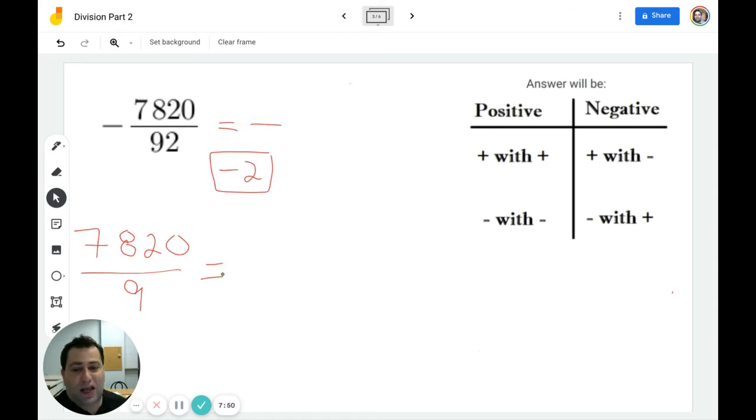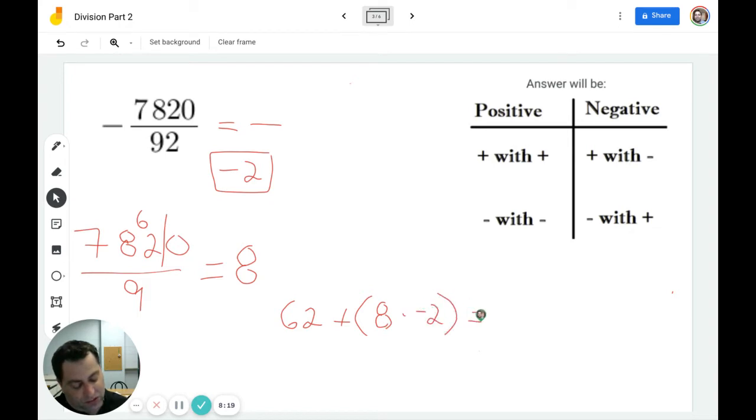9 goes into 78 8 times. 78 minus 72 is 6. We can't use 62, but we can add our previous answer of 8 times negative 2.